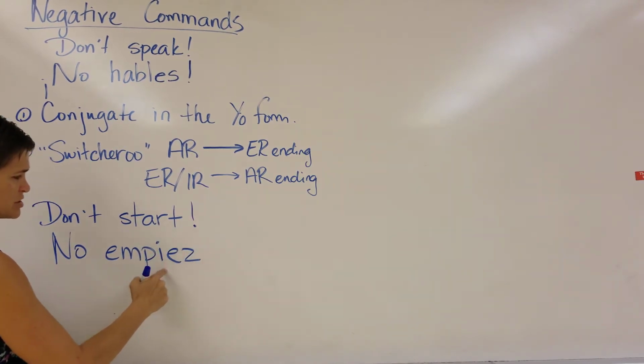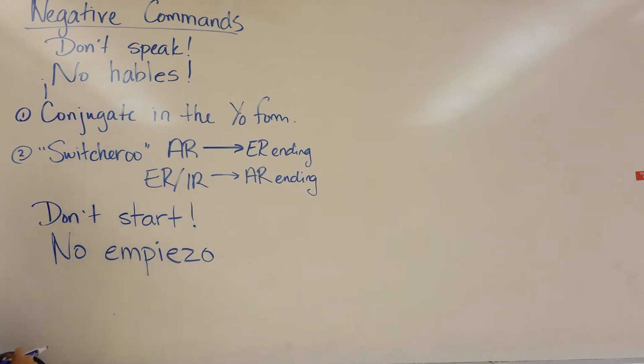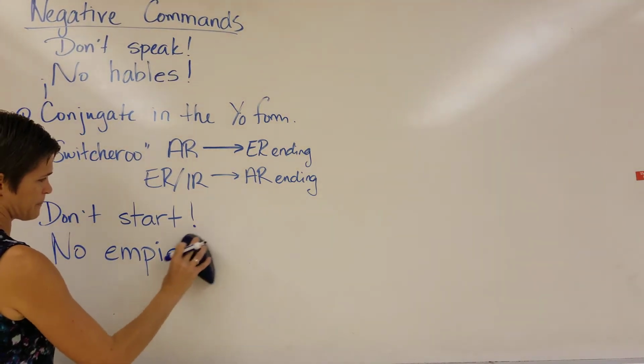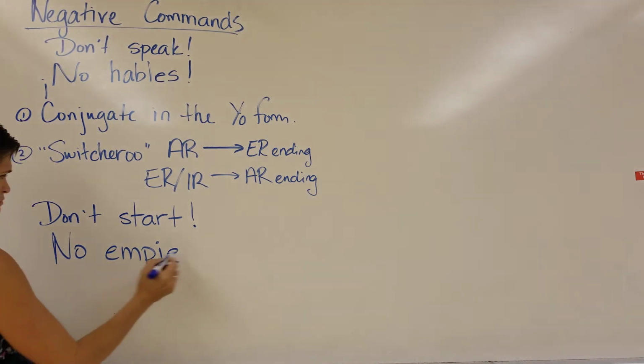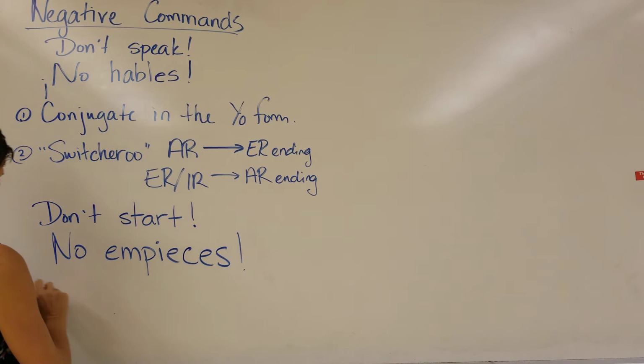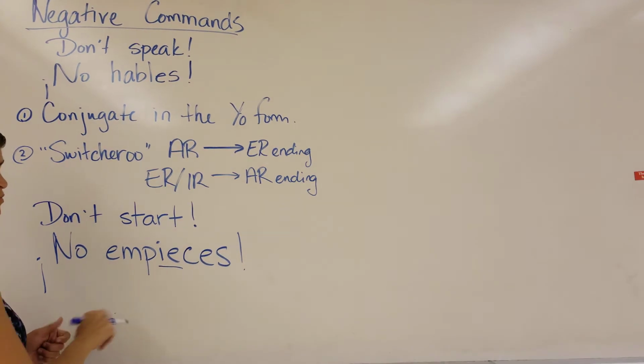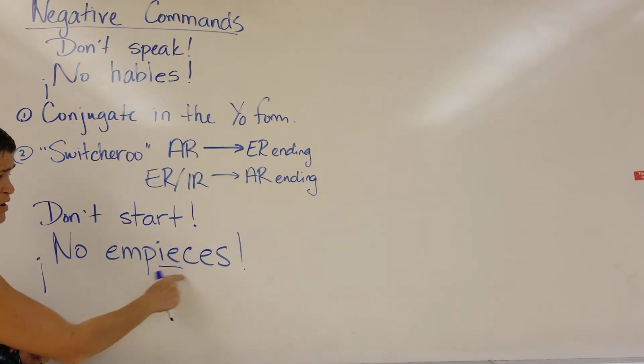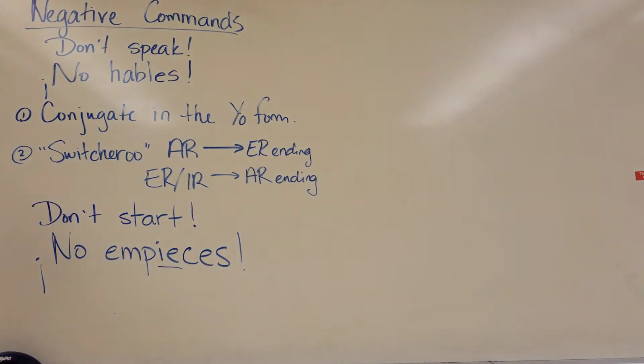Do the stem change there, as if we're going to say no empiezo, and then we'll make our change. You'll notice not only did we have to make sure we had this here with the yo form, we had to do the switcheroo, we also ended up changing this letter.